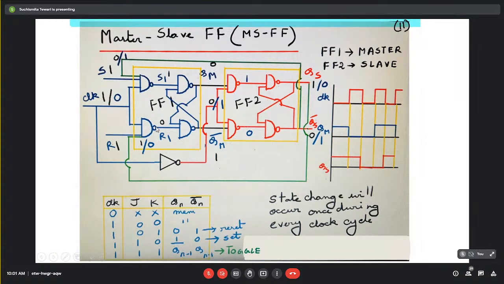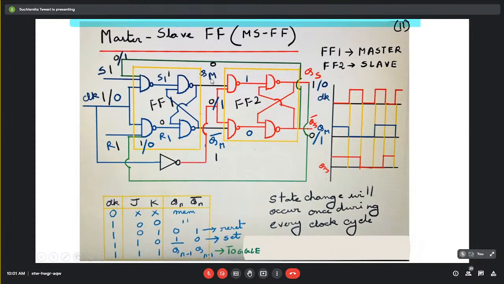So obviously the output of this NAND gate would be 0 and this NAND gate would be 1. So here it is getting 1 and 0, and that reflects at the output of this first flip-flop, denoted as Q suffix M. So accordingly we will get QM equal to 0 and QM bar equal to 1.